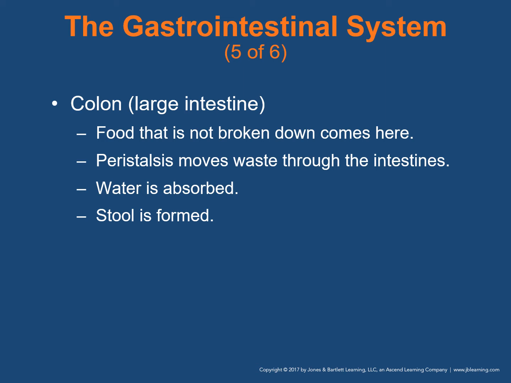Peristalsis is kind of a wave-like motion that occurs without us having to think about it. And if we had to actually think about digesting our food, just like if we had to think about breathing, we'd never do it. In the colon, water is absorbed, and because this is the food that wasn't absorbed, this is where your stool is formed.